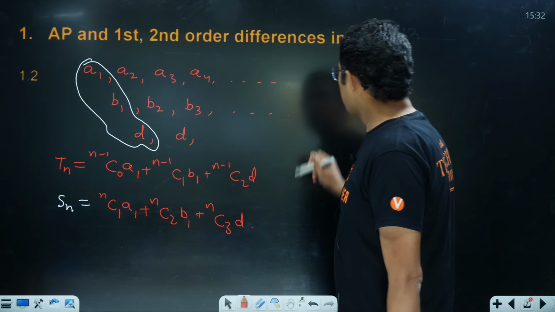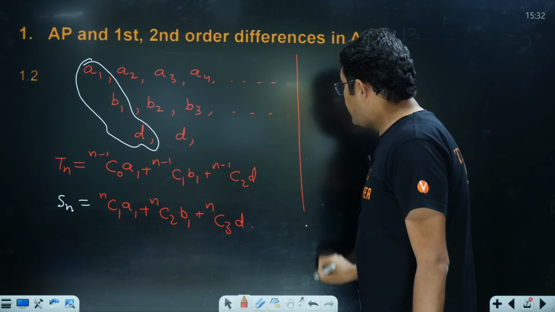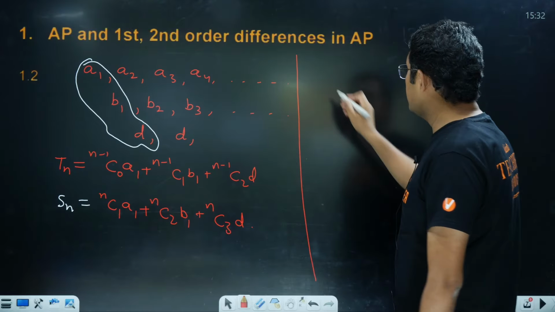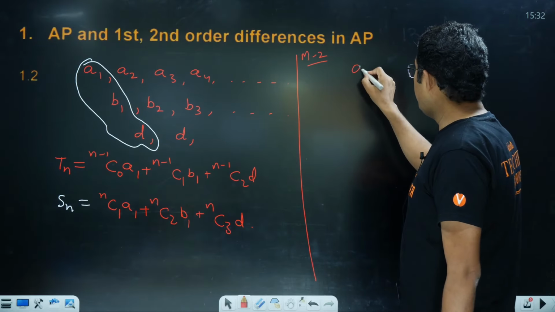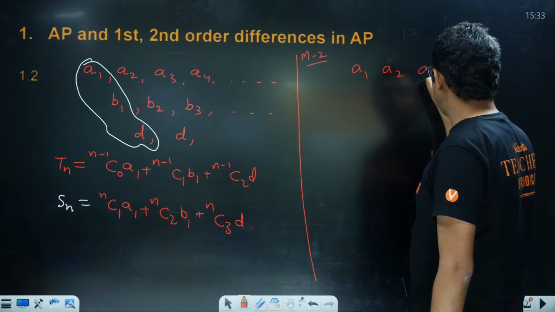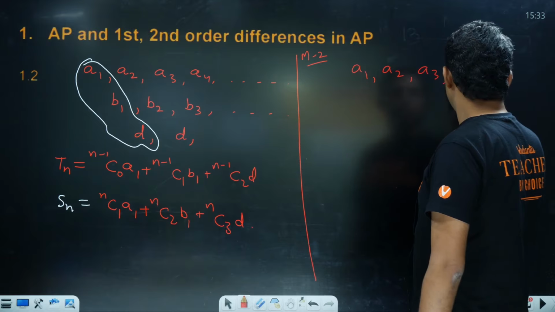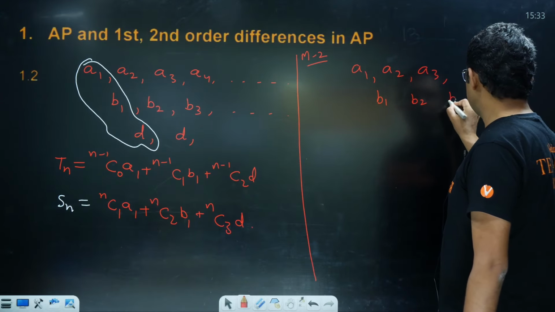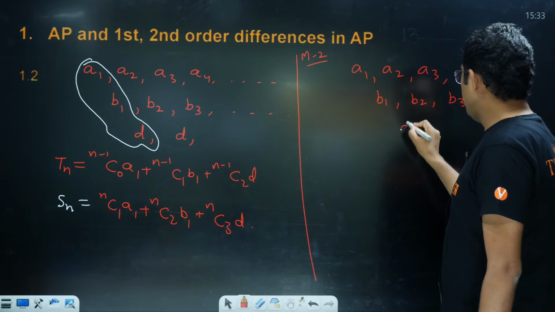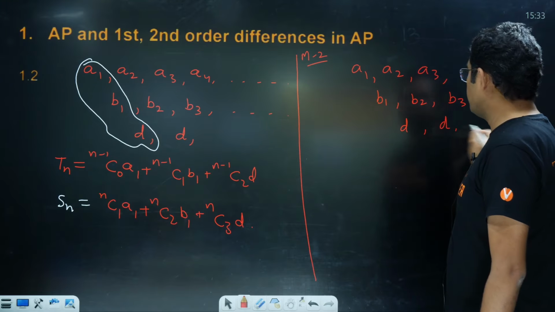Now what can be the other method? Let's see what method 2 is. In method 2, I will be taking A1, A2, A3. B1, B2, B3 are their differences, and D is the further difference.